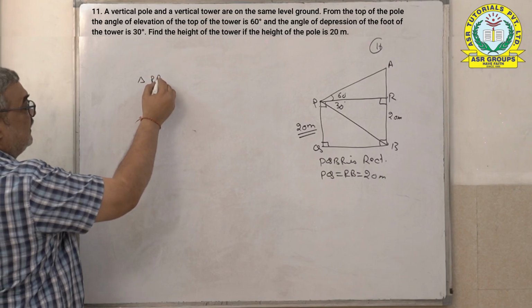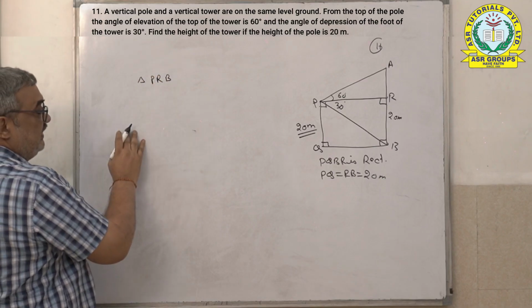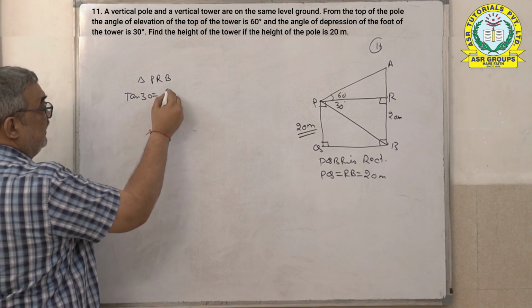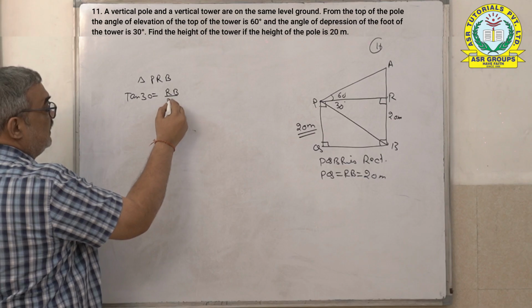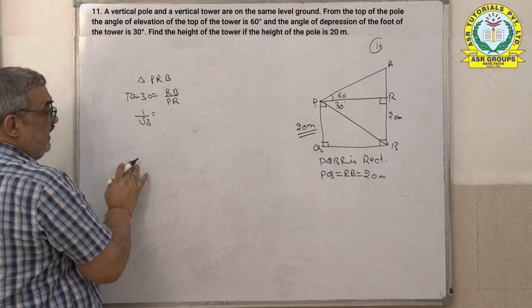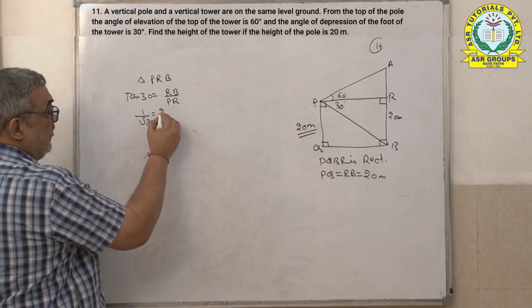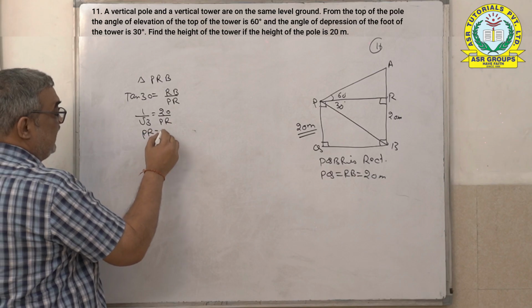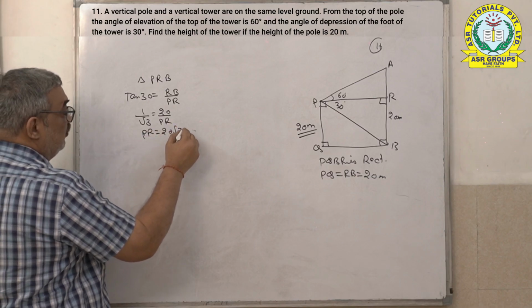In triangle PRB, tan 30 is RB upon PR, 1 over root 3, 20 upon PR, so PR is 20 root 3 meter.